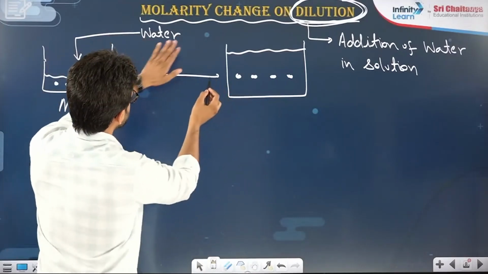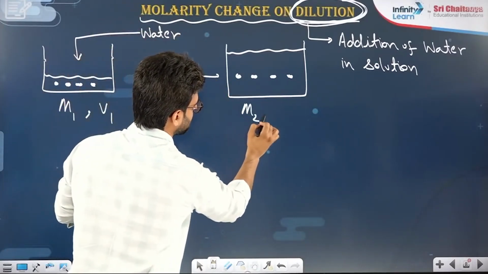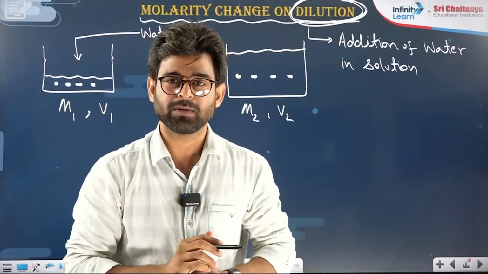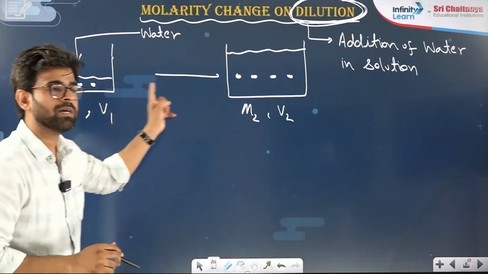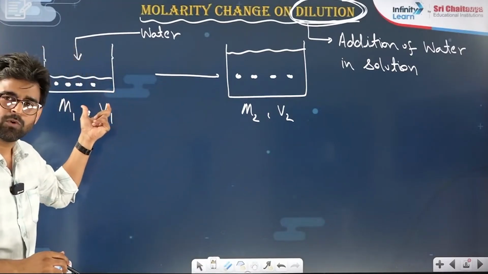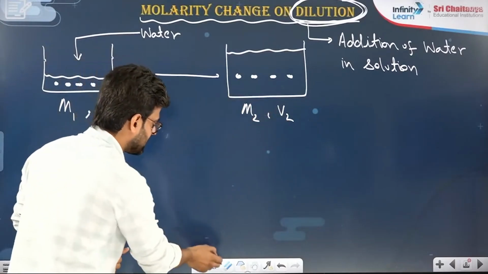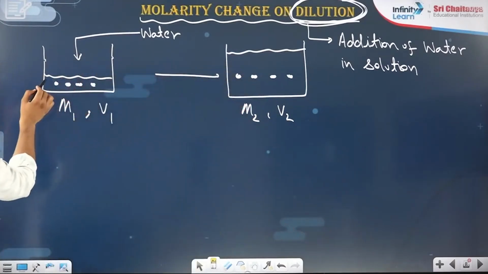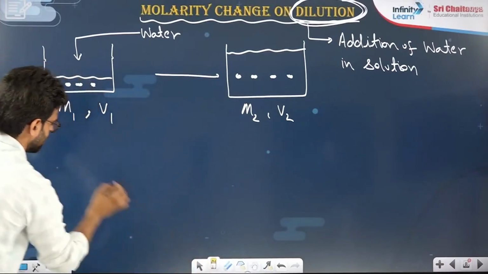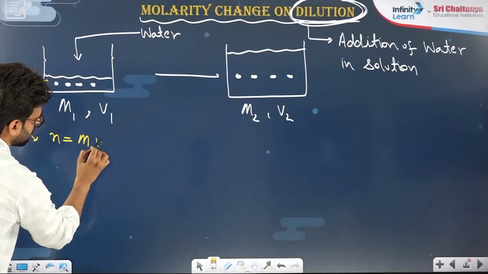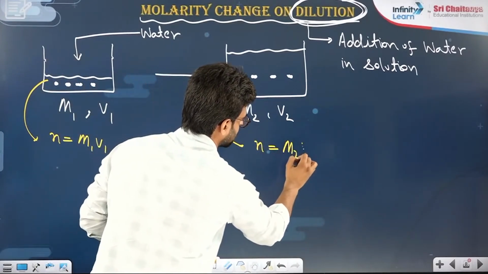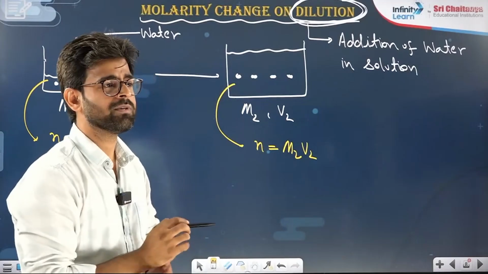So after the addition of water, the molarity becomes M2 and the volume becomes V2. But the number of particles remains the same, 4 here and 4 there. So in this solution, the number of moles is M1 into V1, and in the diluted solution the number of moles is M2 into V2, because molarity into volume gives the number of moles.